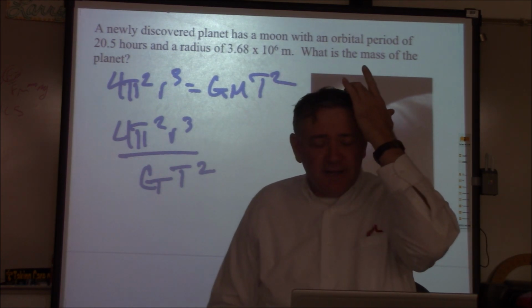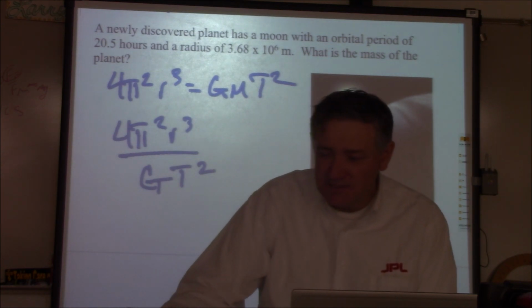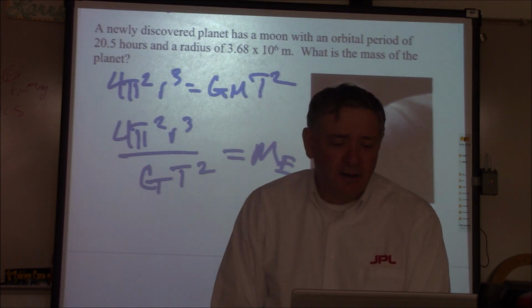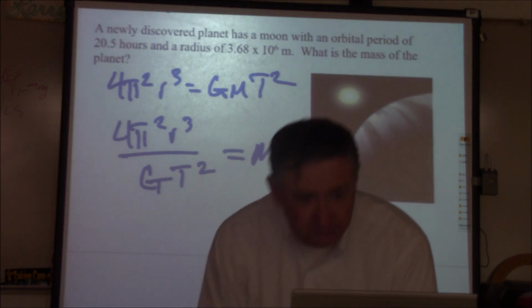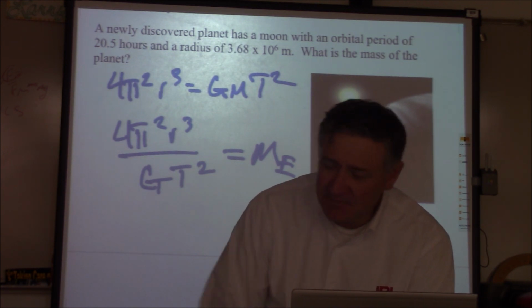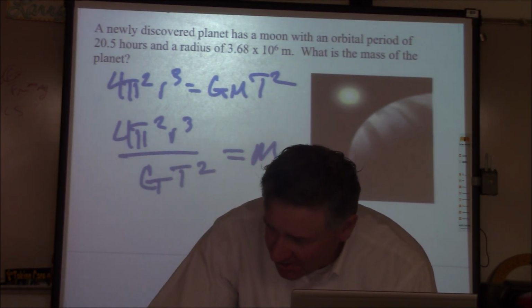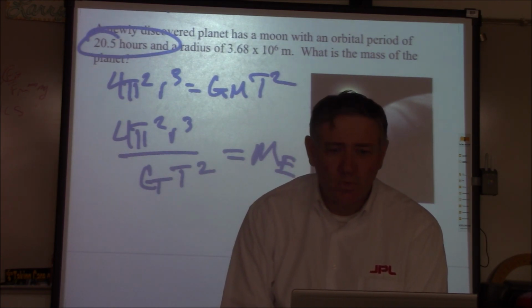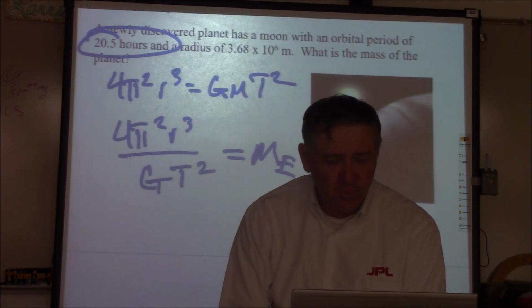Okay, so here's the deal. We've got r cubed, and that's going to equal the mass. Now, somebody tell me what you're going to do wrong with that 20.5 hours. What am I not going to do?